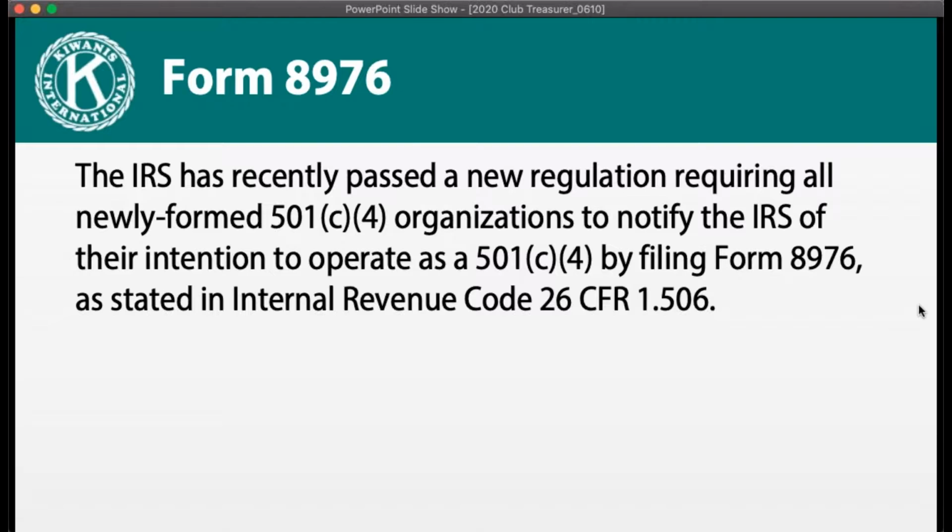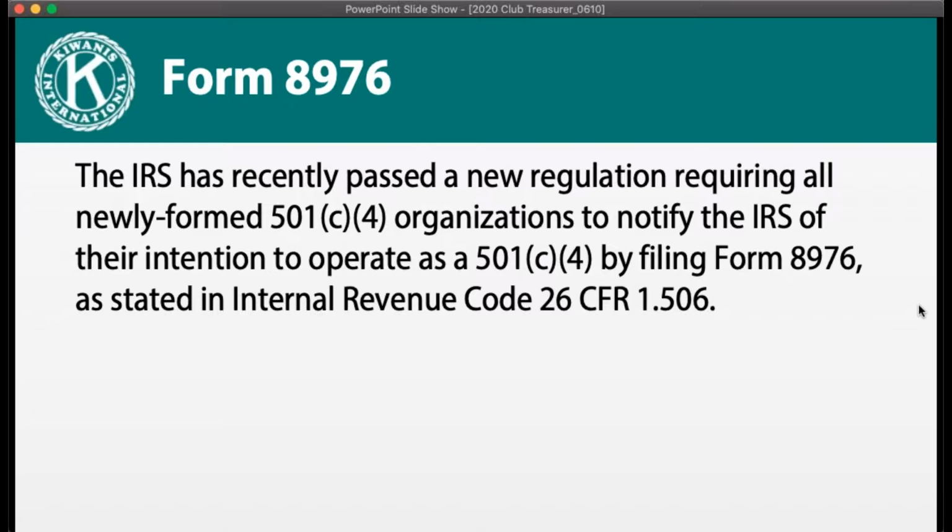In order to be considered a 501(c)(4) organization, a club must report its employer identification number, or EIN, to Kiwanis International, who then reports it to the IRS as part of its annual group exemption.